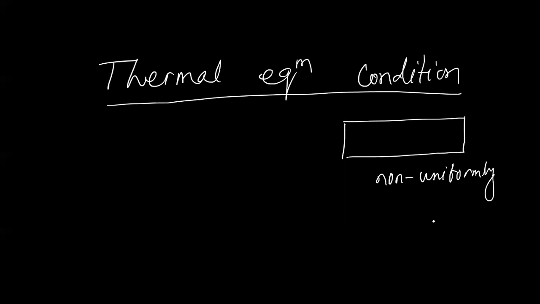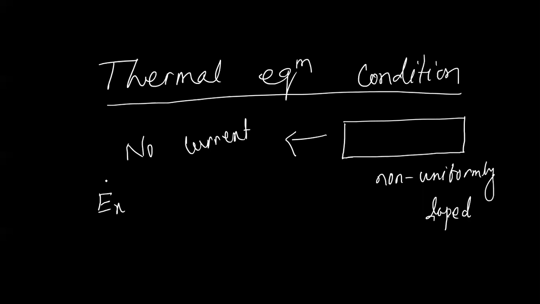If it is non-uniformly doped with no external voltage and no external applied electric field given, then there must be no current here, whatever the mechanism. But we got the induced electric field, so the charge carriers will start moving because of this induced electric field, which will give rise to what?